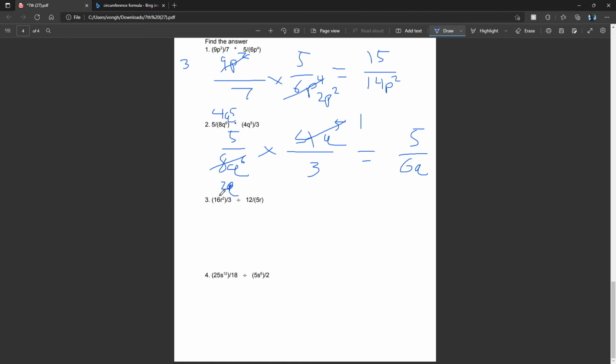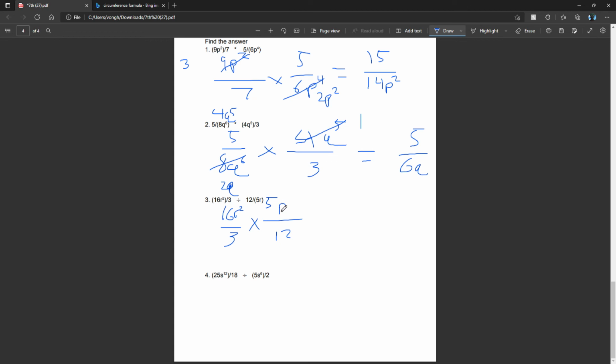So number 3, we have 16r squared over 3 divided by 12 over 5r. But since we're dividing fractions, we just flip and multiply. So we flip this one, so it becomes 5r over 12.